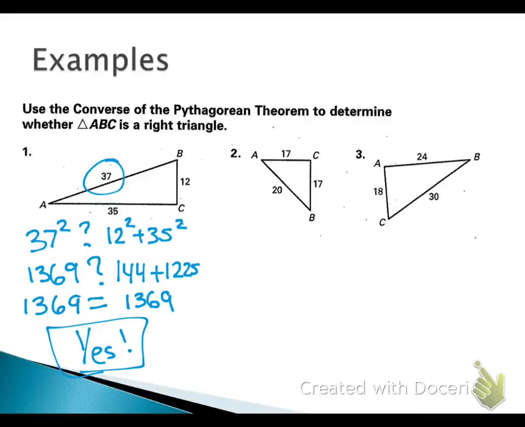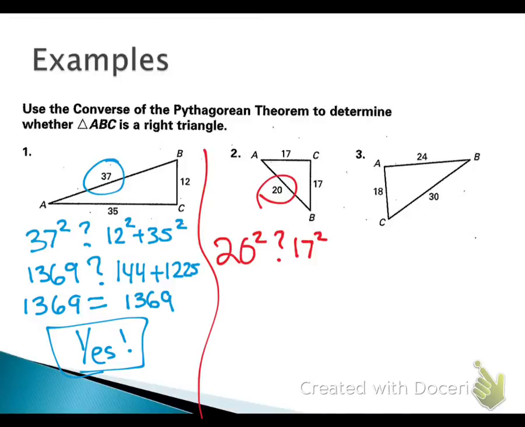All right, number 2, which one has to go first? The 20. So 20 squared, question mark, 17 squared plus 17 squared. So 20 squared is 400, question mark. 17 squared is 289, and 289.